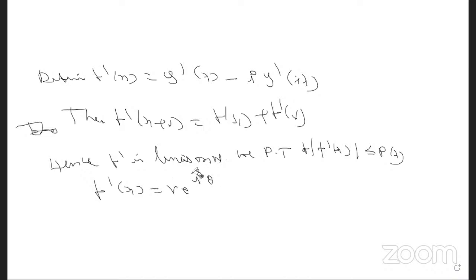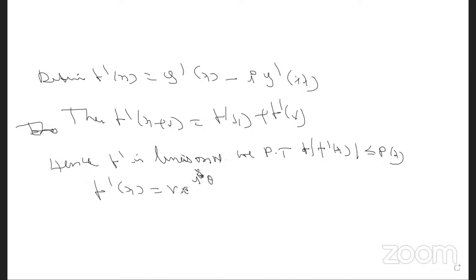Here f dash x is a complex valued function. Then multiply by e power minus i theta, so r is a positive real.